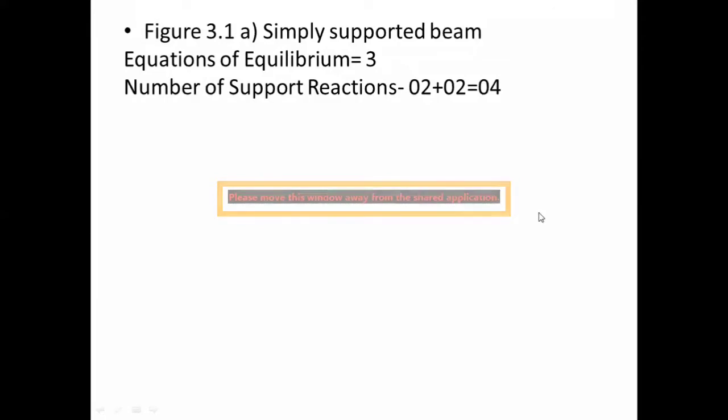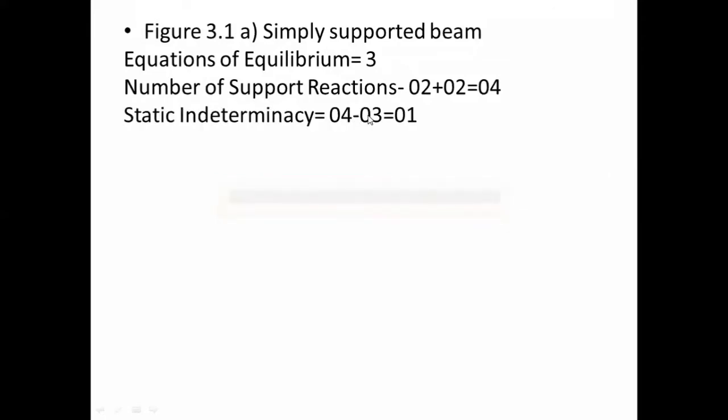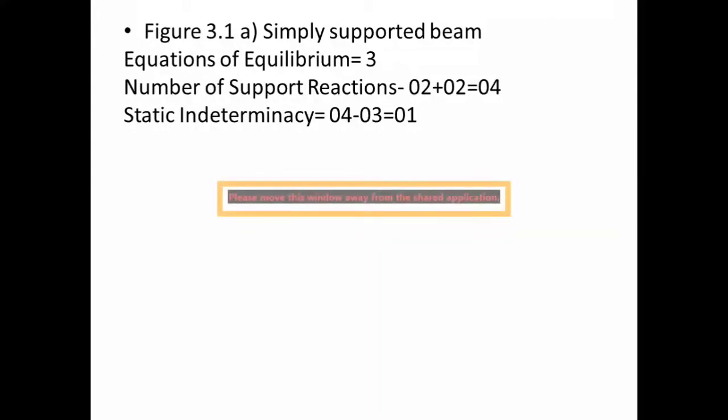So static indeterminacy will be number of support reactions minus 3. 4 minus 3 is 1. It means our given beam is now statically indeterminate to a degree of 1, because our static indeterminacy value is 1.